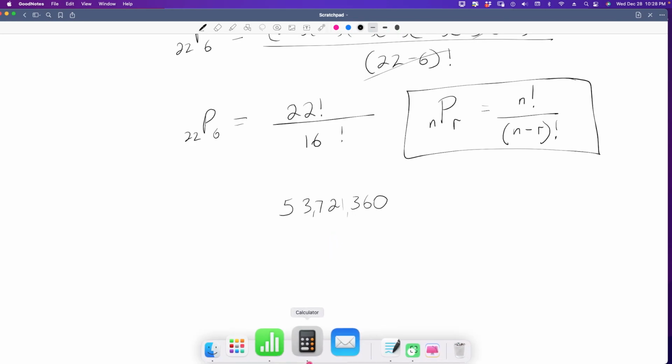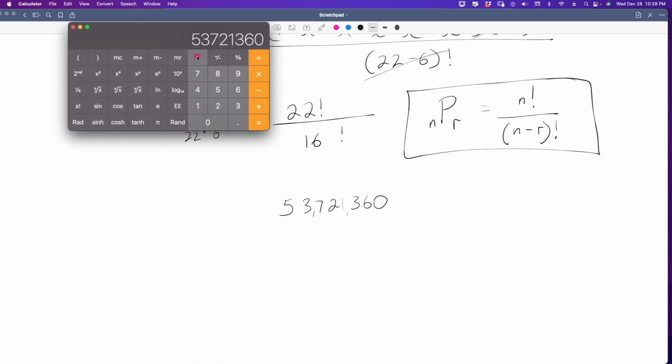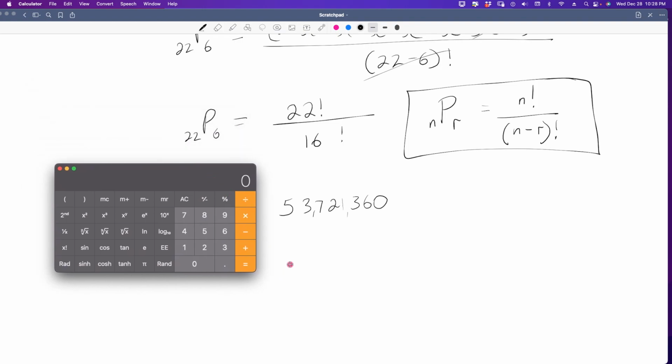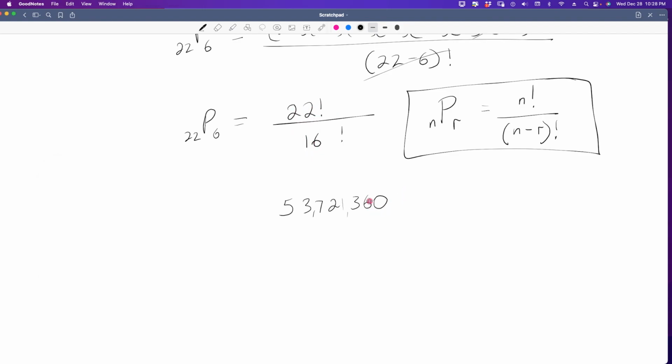And to double check that, let's just do the permutation. 22 times 21 times 20 times 19 times 18 times 17, same number. So this works.